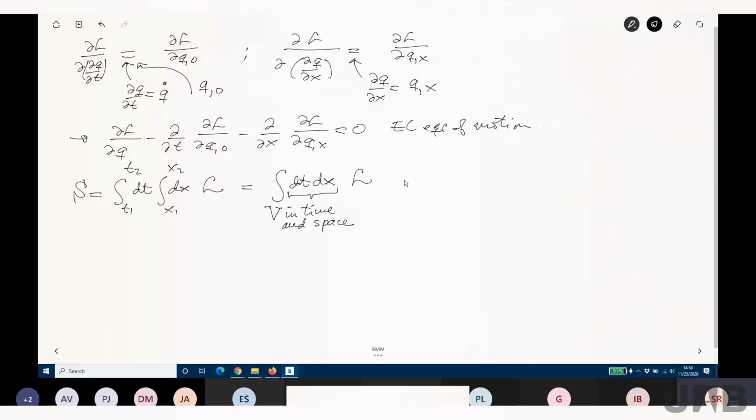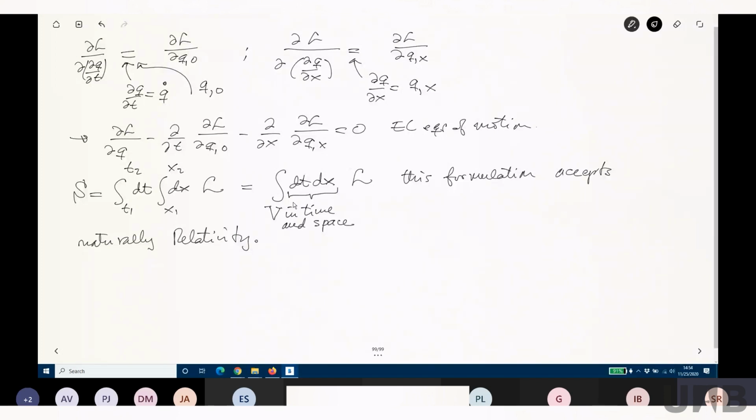So this formulation accepts relativity naturally, without any effort.